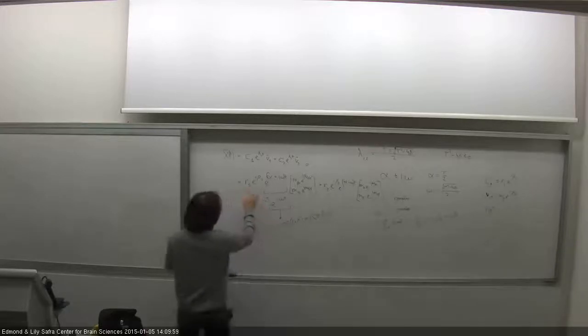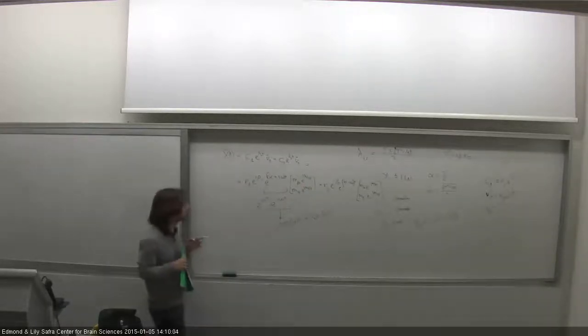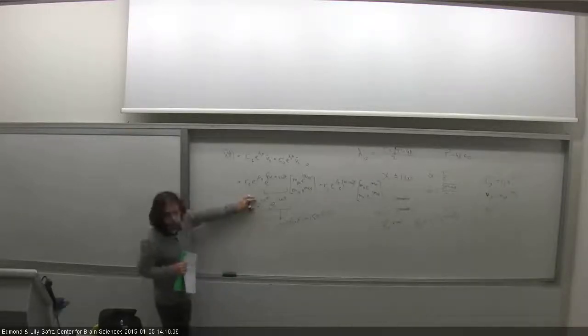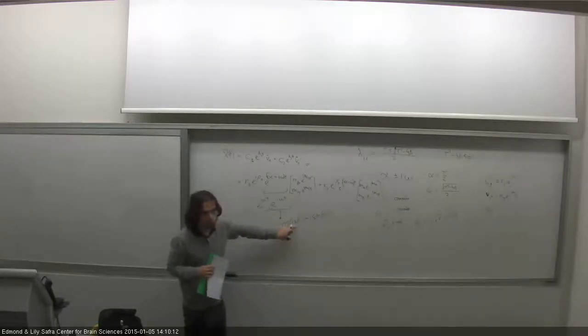So what the system is doing along the first eigen direction is growing or decaying according to the value of alpha and oscillating according to the value of omega. And now you see why I called it omega.